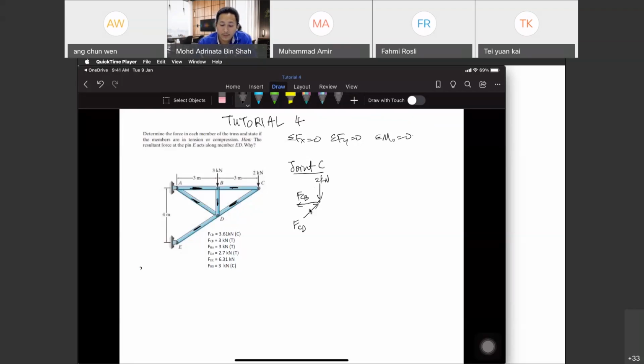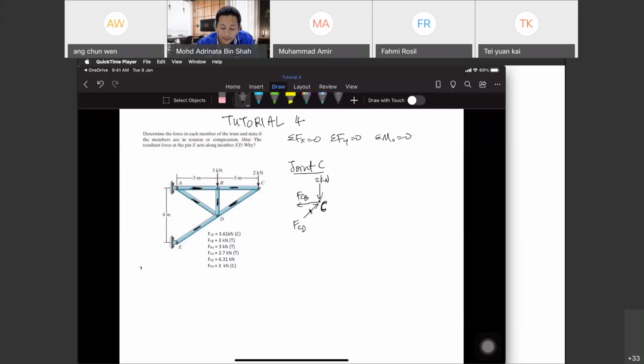Okay, so this is point C, and we need to solve the equations of equilibrium. So we need to come up with the equations.